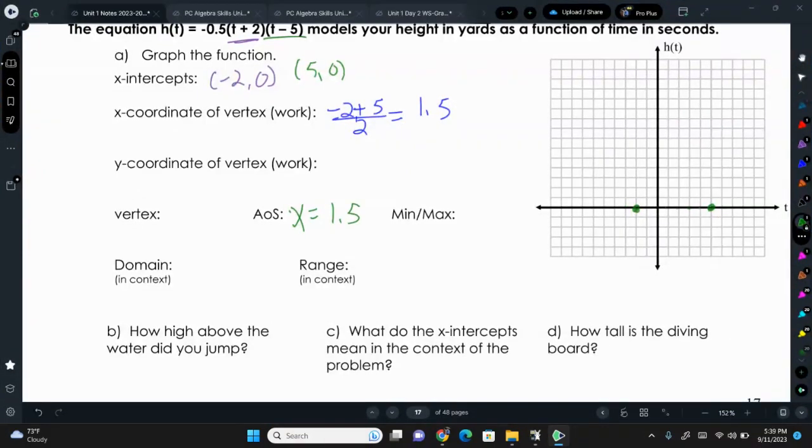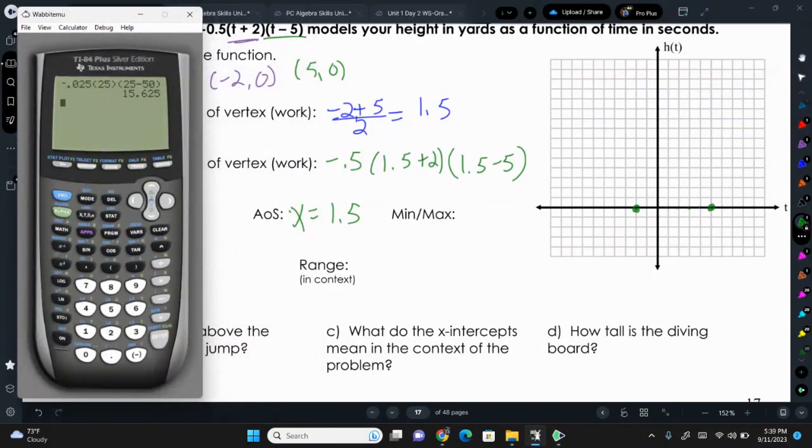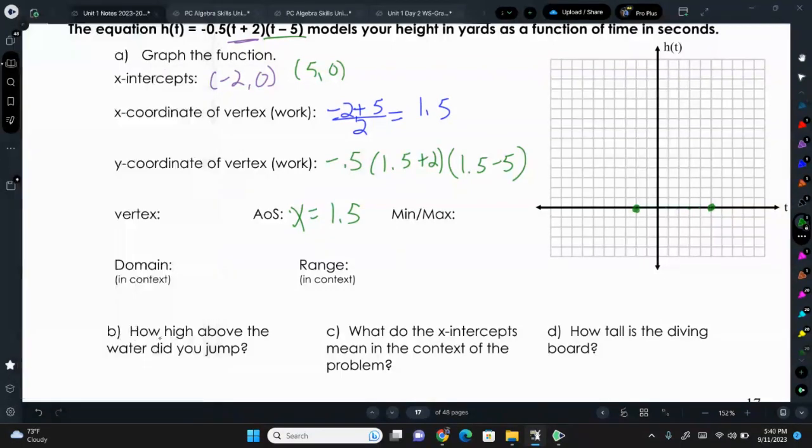And the work for the y-coordinate, -0.5 times 1.5 plus 2 times 1.5 minus 5. So if we type that into the calculator, that is going to give us the y value of 6.125.